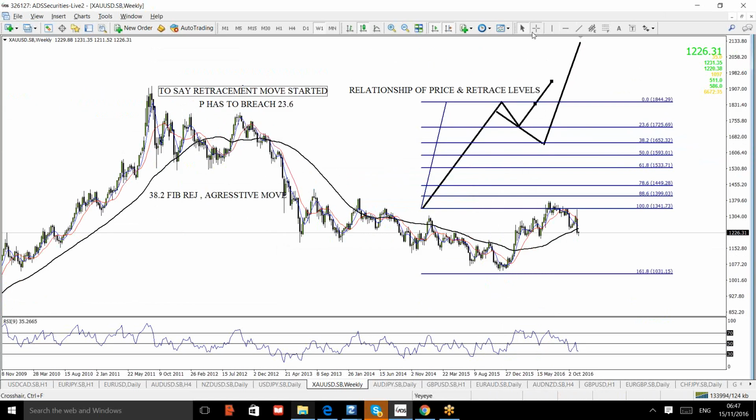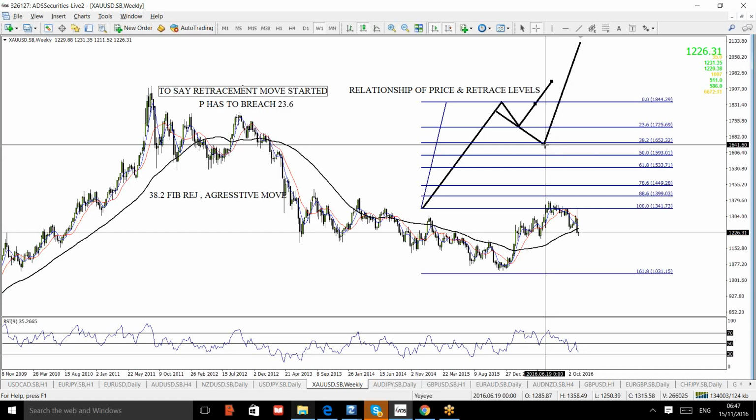If the price rejects at 38.2, guys, the move will be very quick from there in the opposite direction. Now the question is the reasoning. It means the institutions do not want to take the profits on the retracement move.